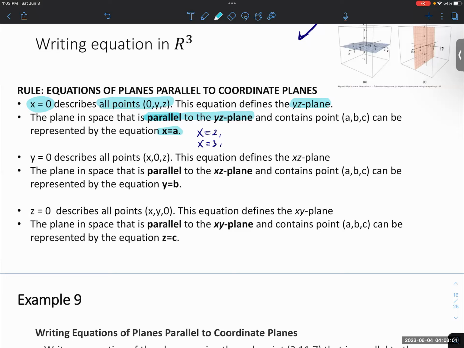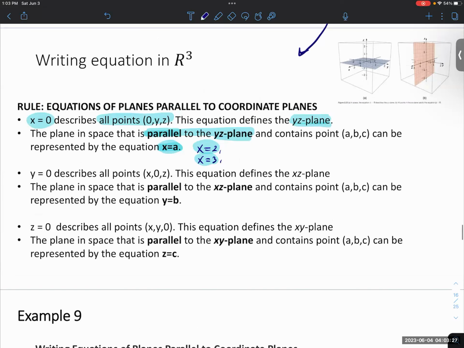Does it make sense? x equal to 0 describes all points whose x-coordinate is 0, so (0, y, z). That's the yz plane. A plane in space that is parallel to the yz plane means x equal to some number, because you have only x equal to some number, so it is parallel to the yz plane. Think about it, it's not really complicated.